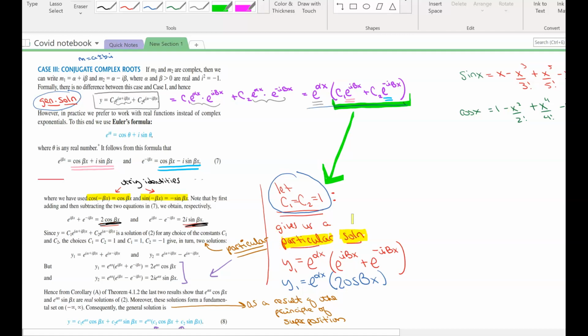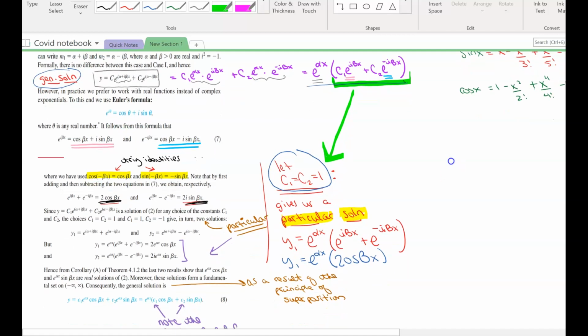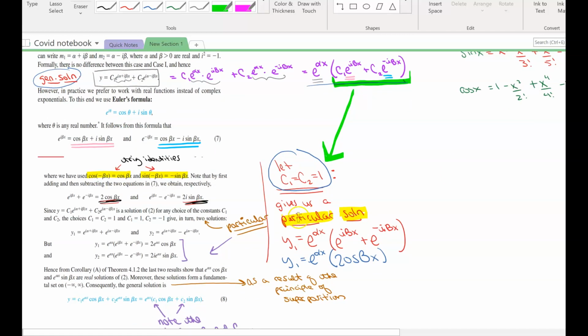It's really incredibly savvy. We're going from a general solution and picking a particular solution, C1 and C2 equal to 1. And the reason I want to pick that particular solution is, if I put C1 and C2 equal to 1, look what happens to this expression. It becomes e to the alpha x times the quantity e to the ibx plus e to the negative ibx, because C1 and C2 equal 1.